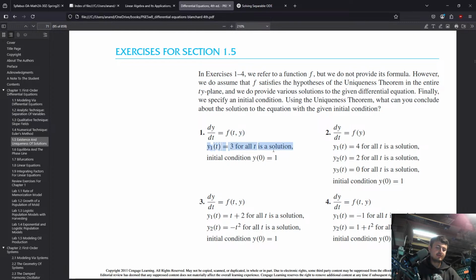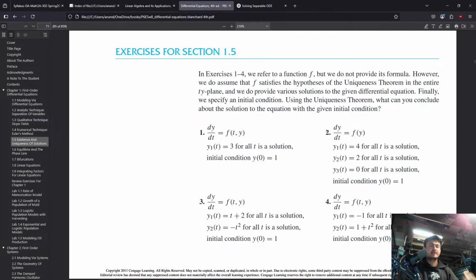I think the thing we can conclude is that for the solution y2 of t where y of 0 is equal to 1, y2 of t is bounded above by 3 for all t. So I think that's what you're supposed to write.